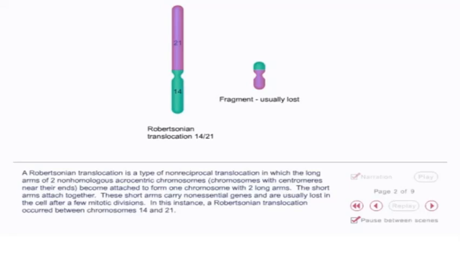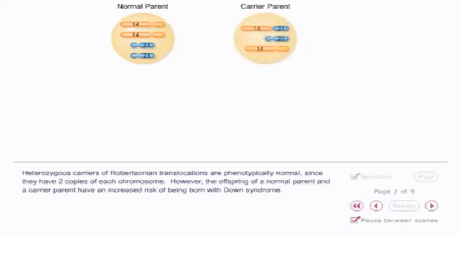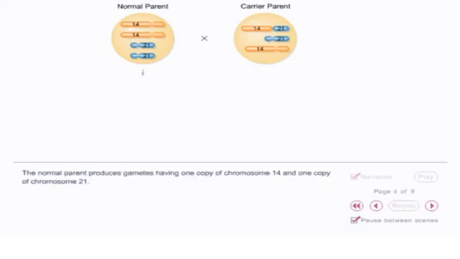Heterozygous carriers of the Robertsonian translocation are phenotypically normal since they have two copies of each chromosome. However, the offspring of a normal parent and a carrier parent have an increased risk of being born with Down syndrome. The normal parent produces gametes having one copy of chromosome 14 and one of chromosome 21.